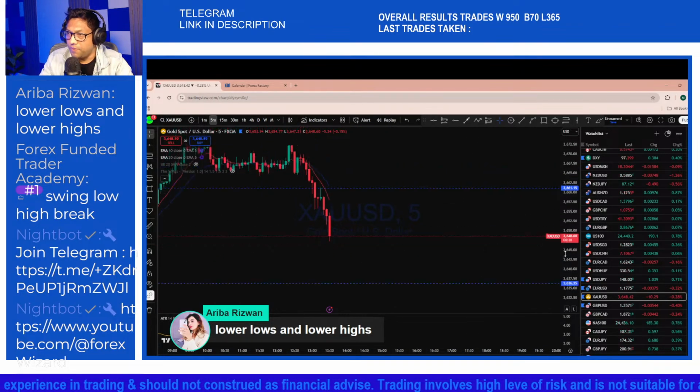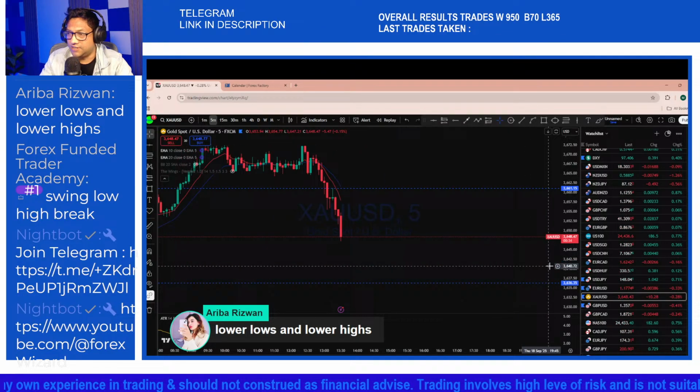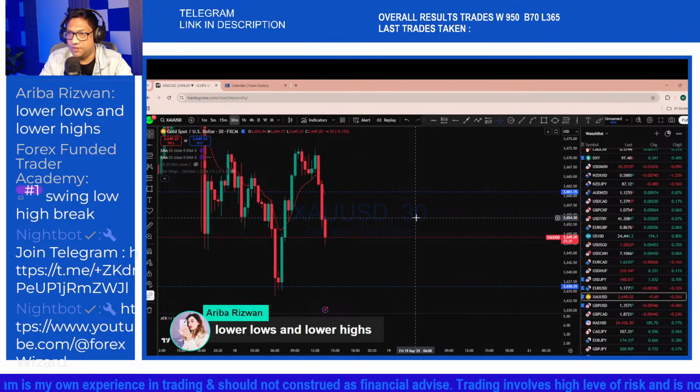So the previous swing high here is 3361, and as the candle close is coming, this is 30 minutes.